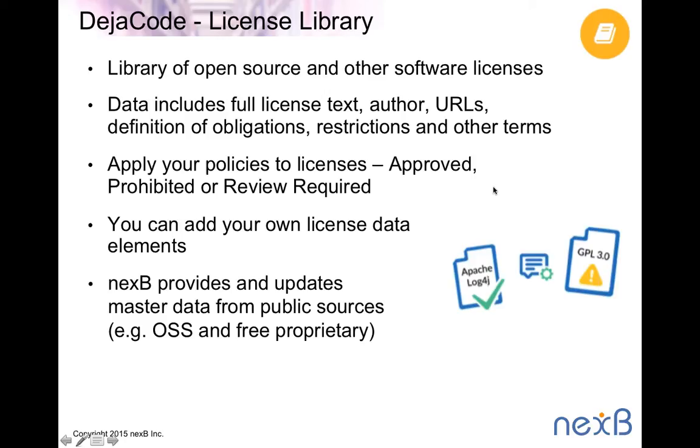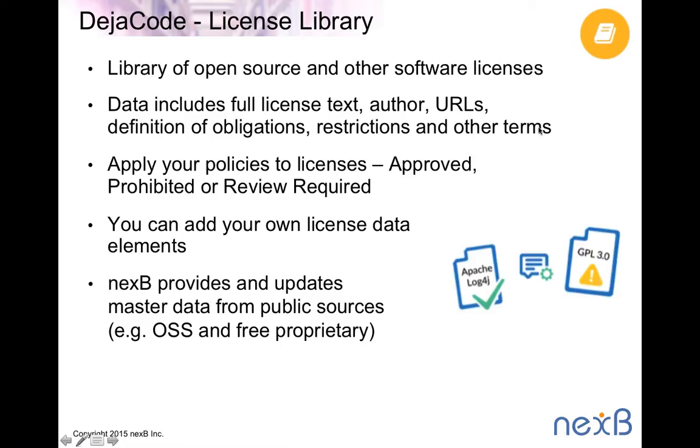And this is really where you can apply company policies on these components, either approved, prohibited, or requires review. So this is part of setting up a comprehensive and efficient workflow for your enterprise. You can add your own data elements and your own components in that catalog, but NextBee also provides you with master data from public sources that we have crawled.